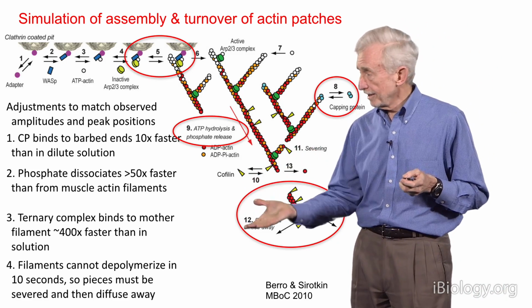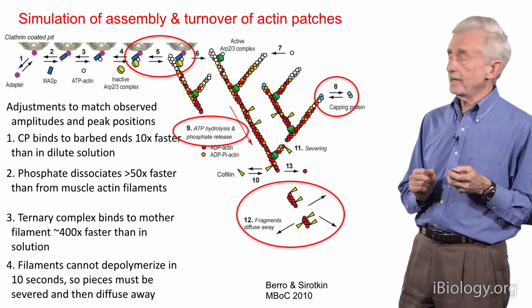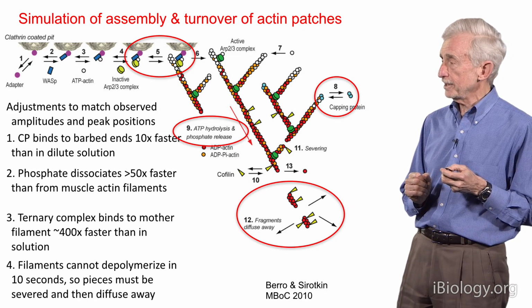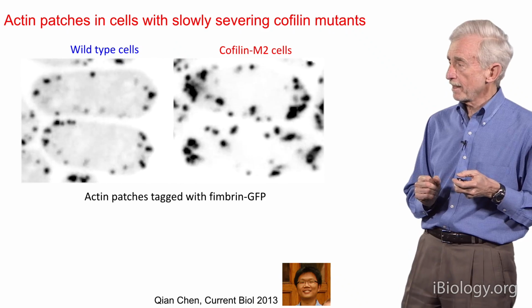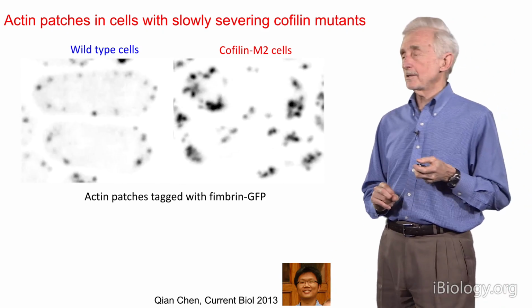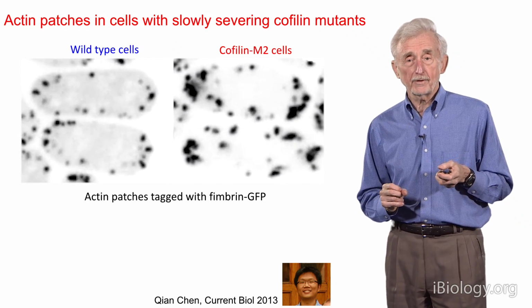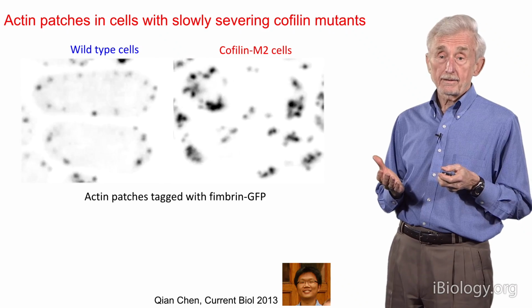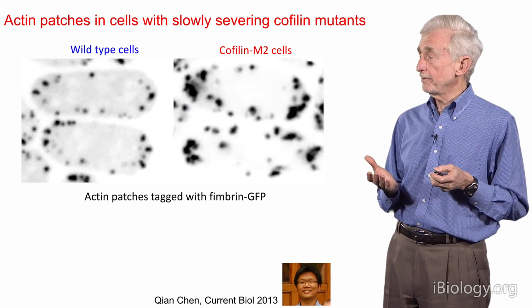So this last result suggested that cofilin had a very important role in taking apart these actin filaments at sites of endocytosis. And so Chen, shown down here at the bottom, tested this by making mutations in cofilin that slowed down the rate of severing quite a bit, by more than 50-fold.